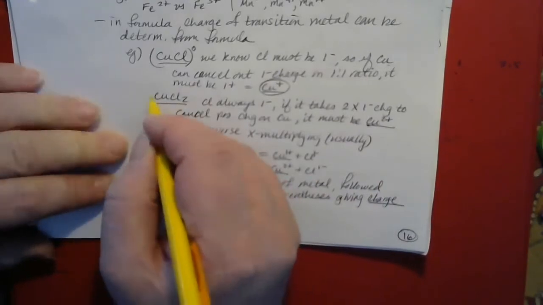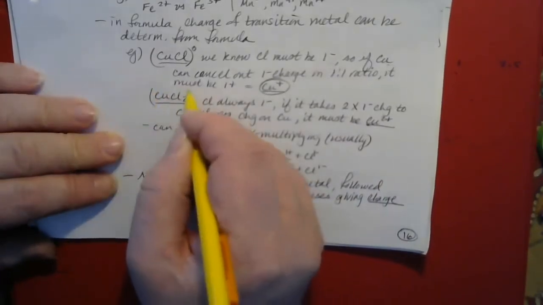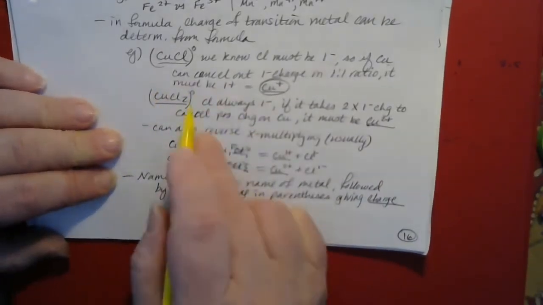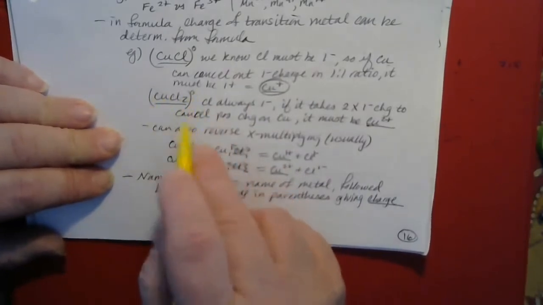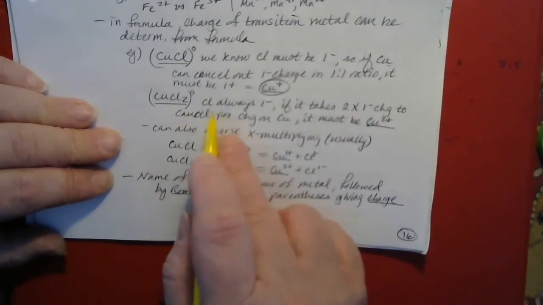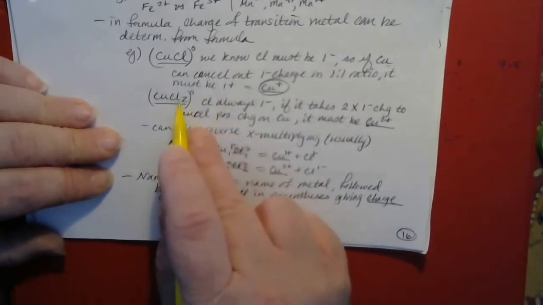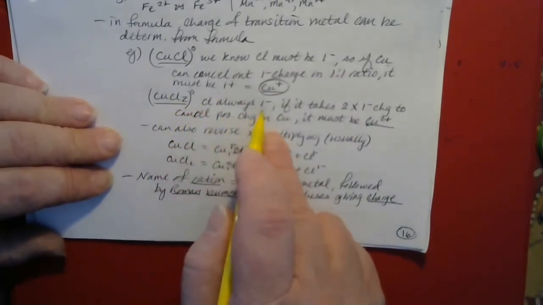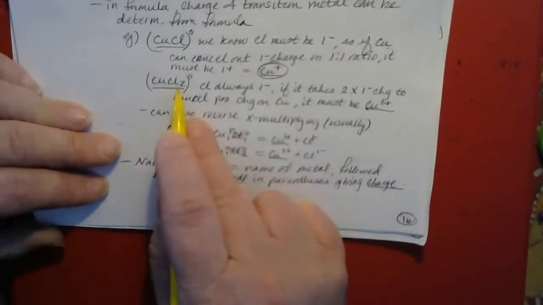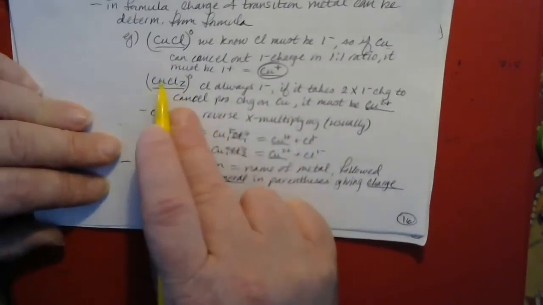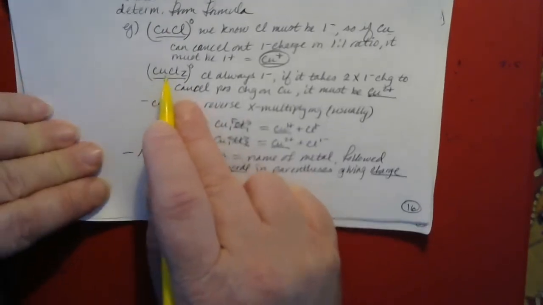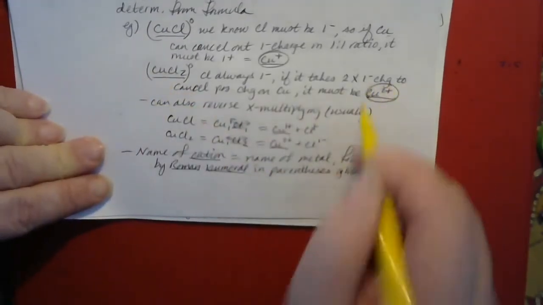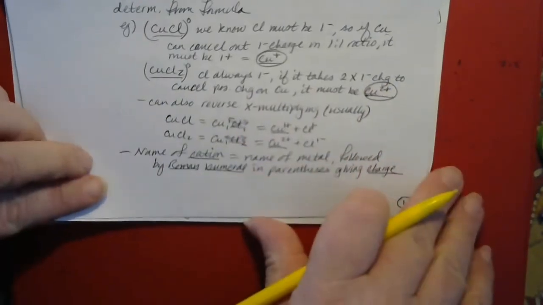In copper chloride with CuCl2 as the formula, we know again, being a compound, the total charge on that formula must be 0. And again, we know that chloride ions always have a charge of -1. And this time, if it takes 2 -1s to cancel out the charge on the copper ion, then the copper ion must have a +2 charge in that compound.